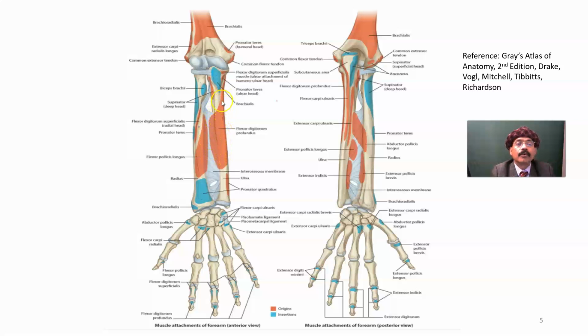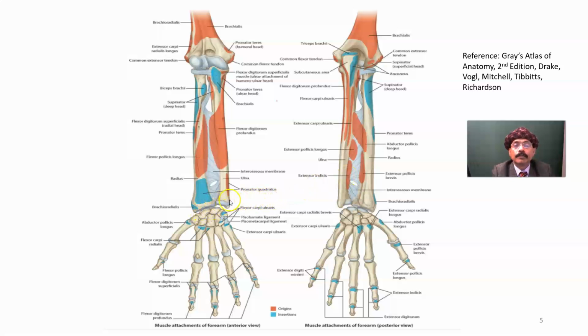Then we get the pronator quadratus origin here. Here are three muscle origins: abductor pollicis longus, extensor pollicis longus, and extensor indicis. Okay, we got the muscle origins.